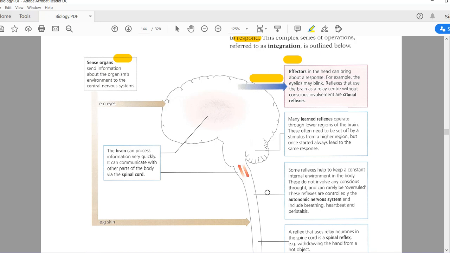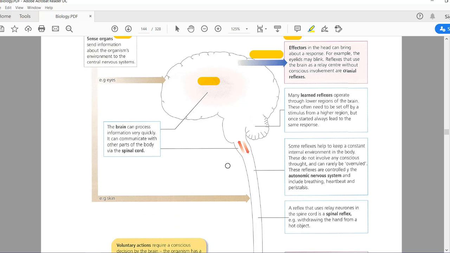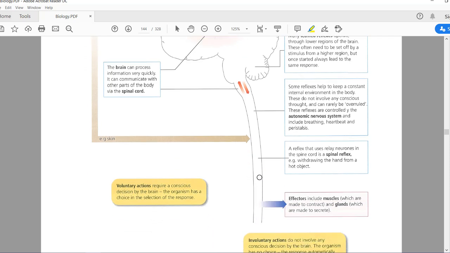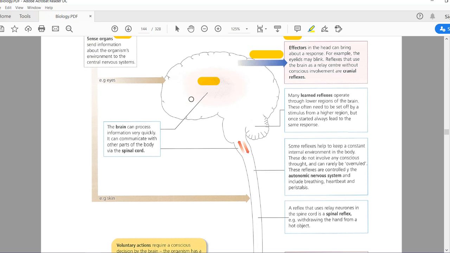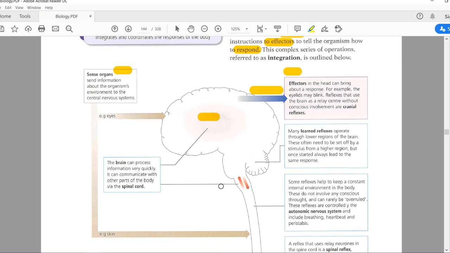Firstly, the CNS, or central nervous system, as we mentioned before, consists of number one, the brain, and number two, the spinal cord. So this is the first part, brain, and this is the second part, spinal cord.